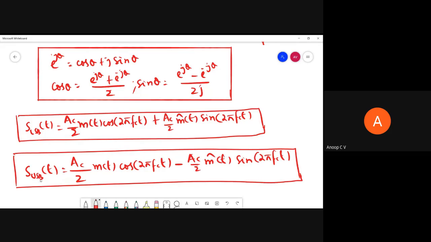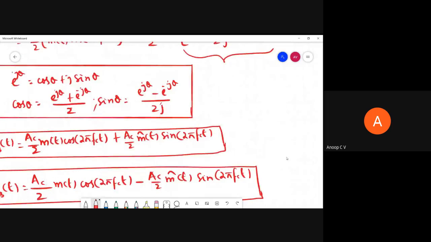If you want to retain only the upper sideband, maybe we can see what the filter response should be. Only this part is what you have to retain.